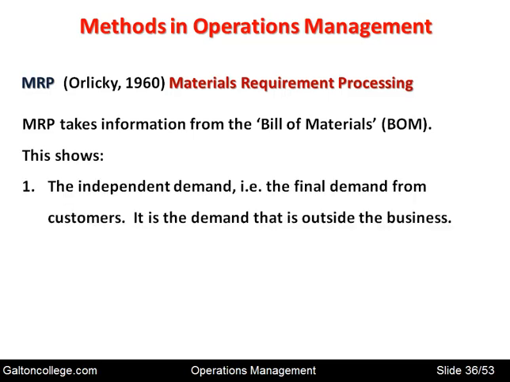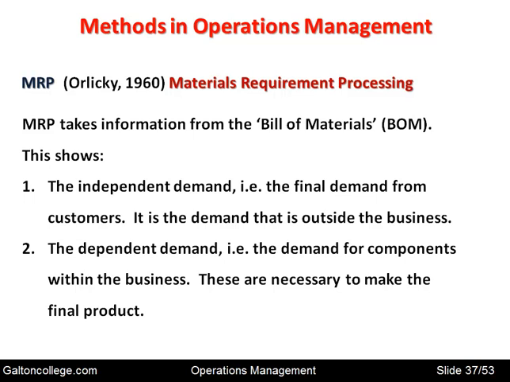So the bill of materials, the independent demand, i.e. the final demand from the customers, is the demand that is outside the business. So it should look at the bill of materials, what do the customers want, and then try to break it down into what does the business have in order to meet that requirement, to meet the order.